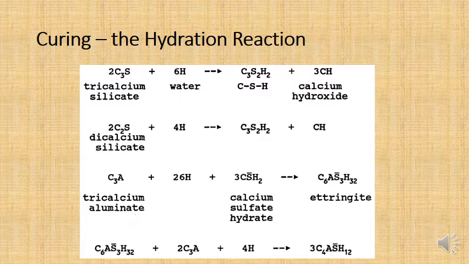When Portland cement reacts with water, there's actually around 200 or 300 different reactions taking place, all of them creating these hydrates, which are very strong chemical bonds. But the three main ones are those three reactions that you can see there. I'm not going to go through the 200, 300 reactions. You don't need to know that. I don't want to teach it. You don't want to learn it.